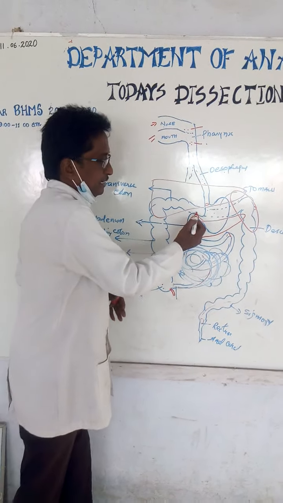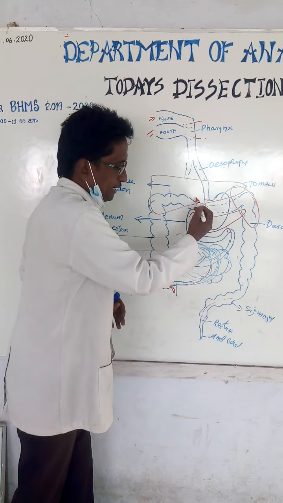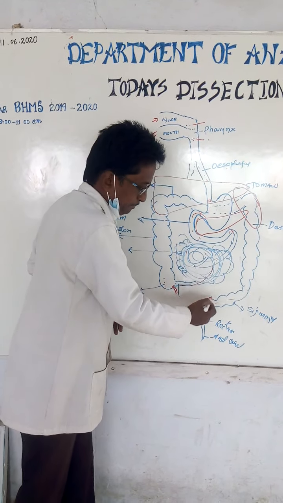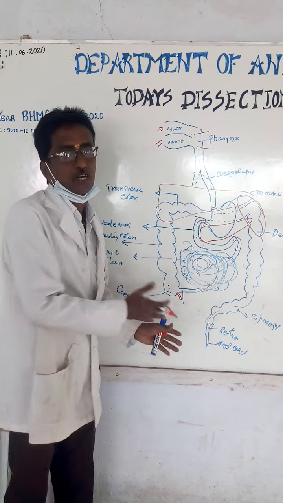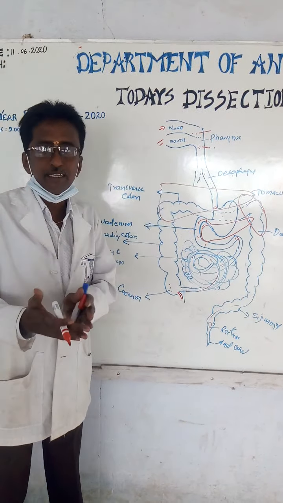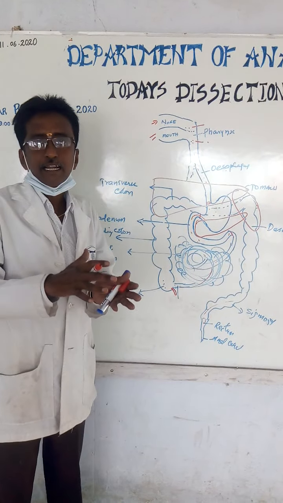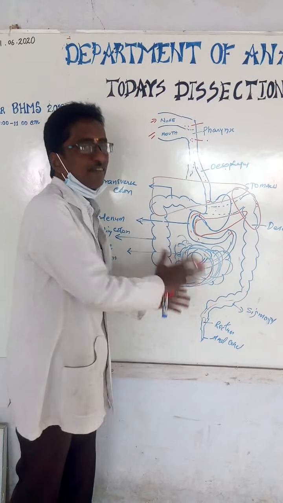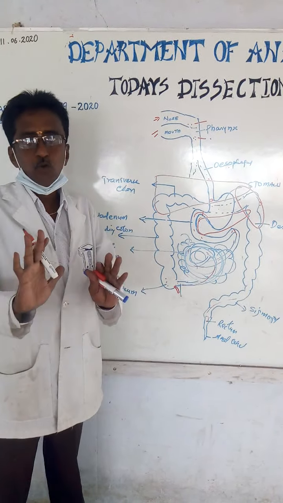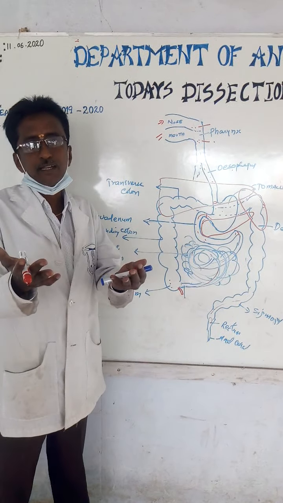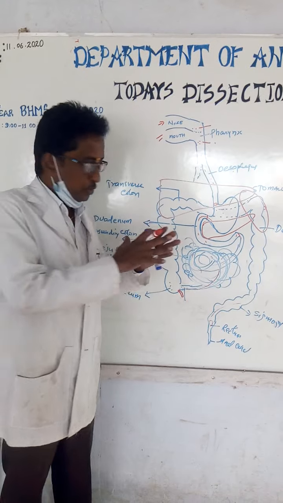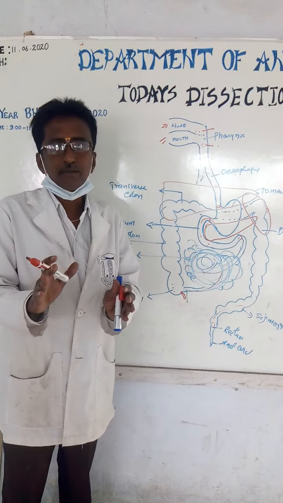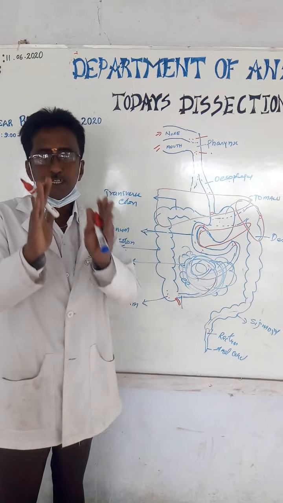Apart from this, both kidneys, suprarenal gland, ureter, urinary bladder, all these structures are within the abdomen and pelvis also. Apart from this, male and female reproductive organs are also present in this abdominal cavity. Any doubt? You can post your question through WhatsApp or messages. Now I'm going to have a short discussion about the stomach.